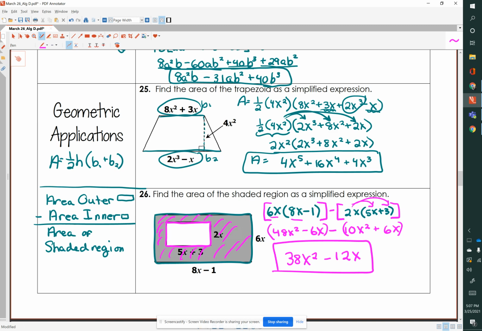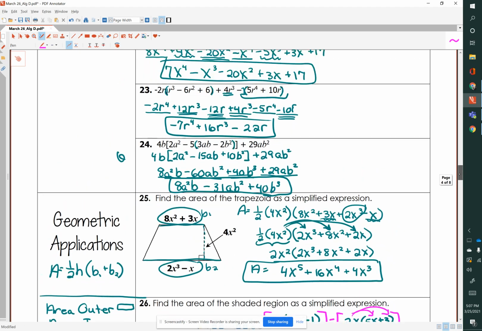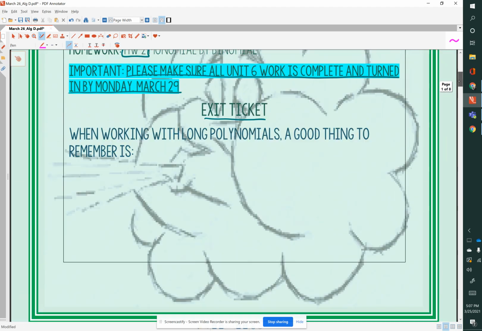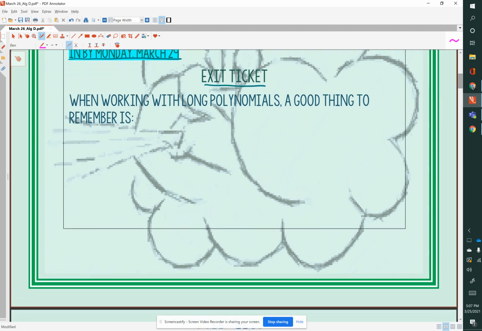So you've worked pretty hard. So let's go back and just look at that exit ticket. When working with long polynomials, a good thing to remember is, well, first of all, use the product rule. So that would be x to the a times x to the b equals x to the a plus b.